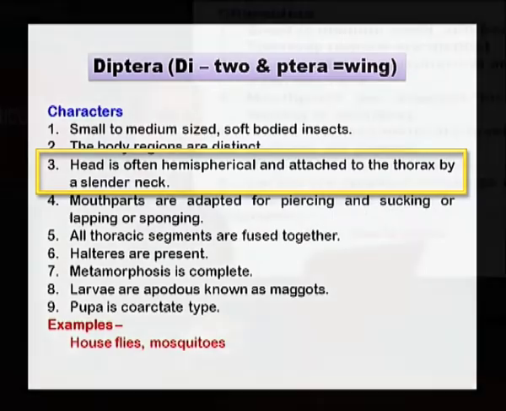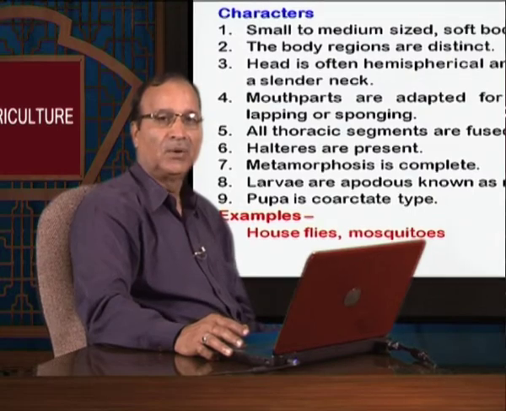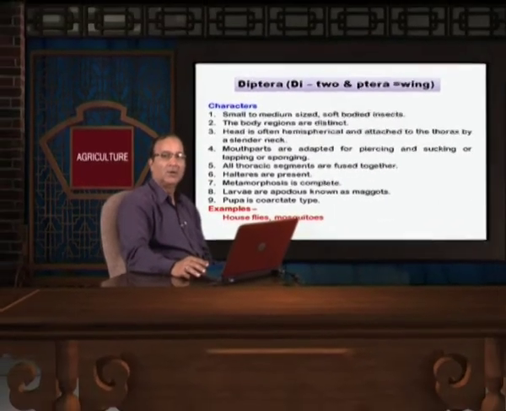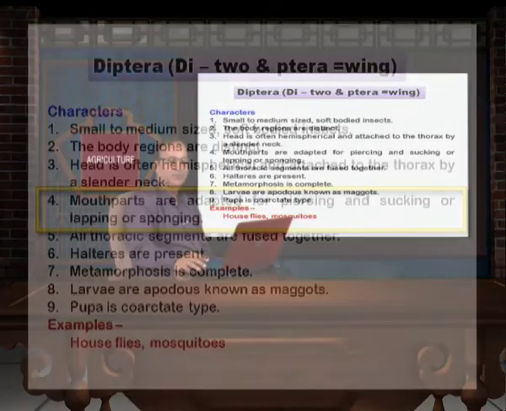You must be aware that a neck is not present in insects, but a neck-like structure, technically known as cervix or cervicum, is present. So, the head is attached to the thorax by a flexible neck or cervix.